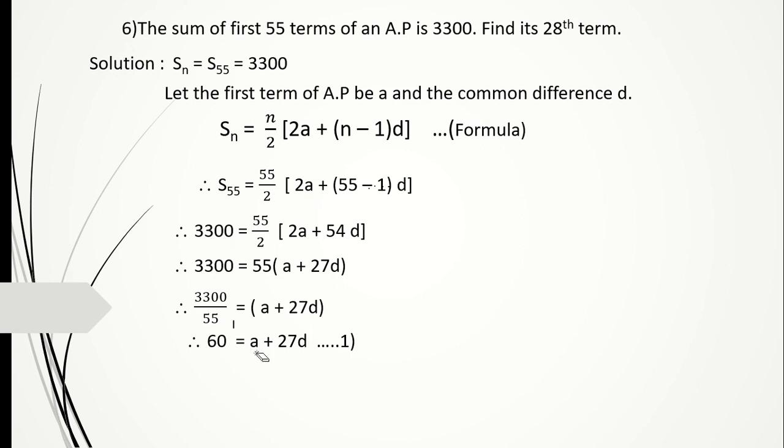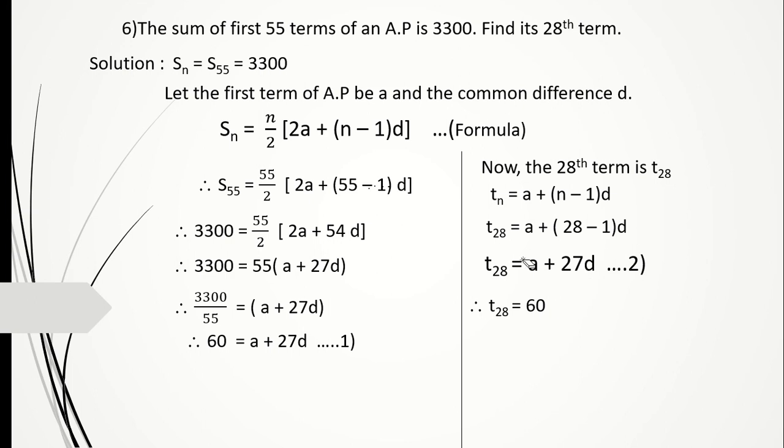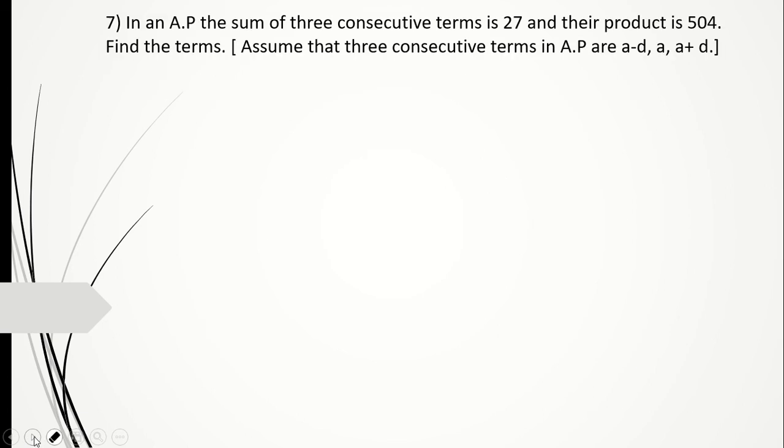Now this T of 28 we saw equals a plus 27d, which we have already found from the formula. So T28 is 60. The 28th term is 60.